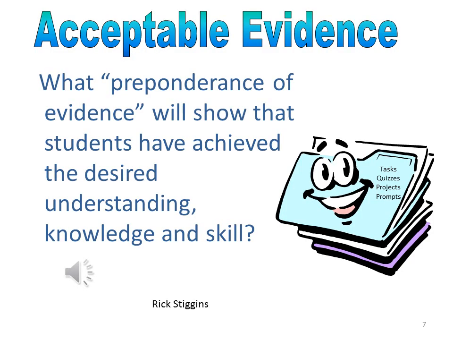Something you also must consider is what is acceptable evidence, so that you have a preponderance of evidence that shows if a student has achieved the desired understanding, knowledge, and skill.